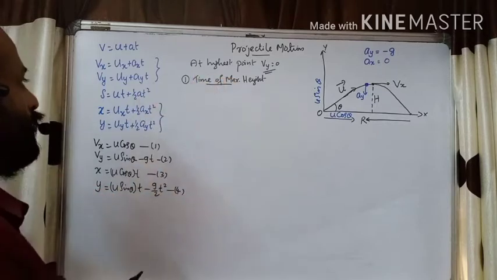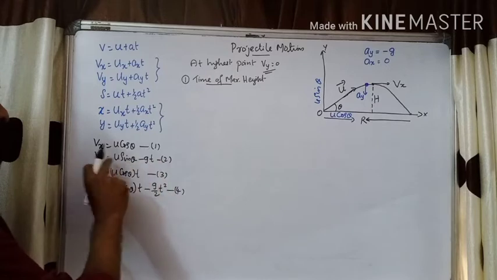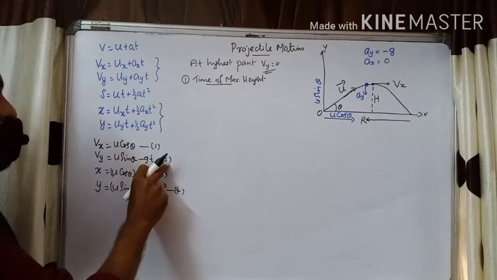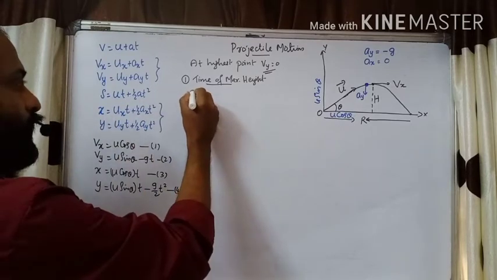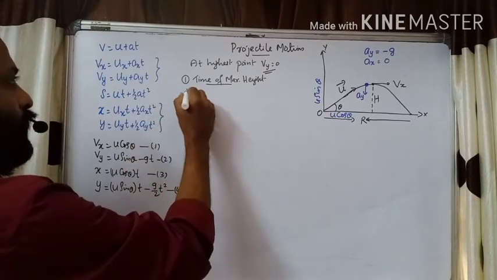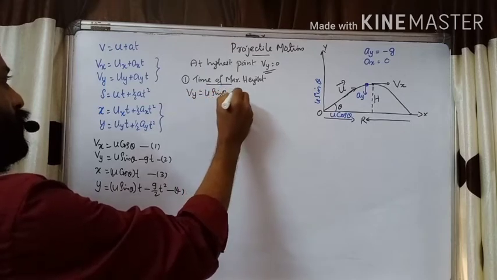To derive that, at the highest point we have Vy equal to 0. So take equation number 2 and substitute Vy equal to 0. Vy is equal to u sin theta minus gt.